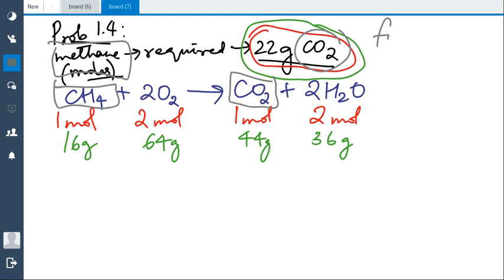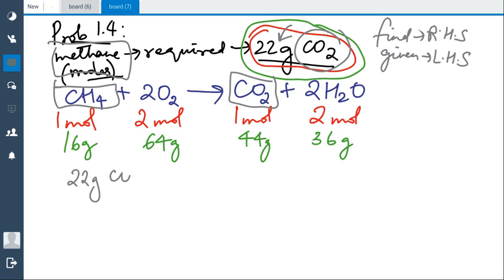So whatever we need to find, we must write on the right hand side, and whatever is given, we write on the left hand side. So here carbon dioxide is given, we write this on the left hand side. 22 grams of carbon dioxide is produced by, this is the LHS, what is the RHS? You have to find it.